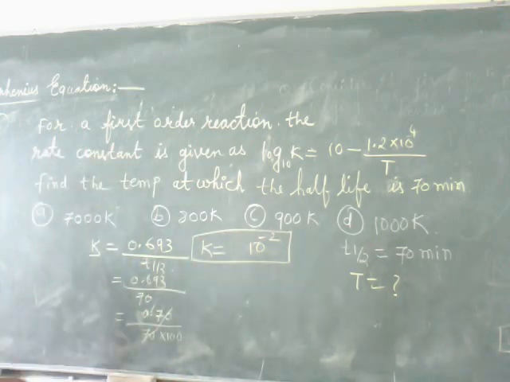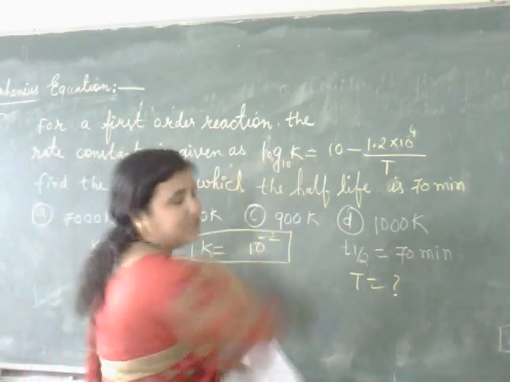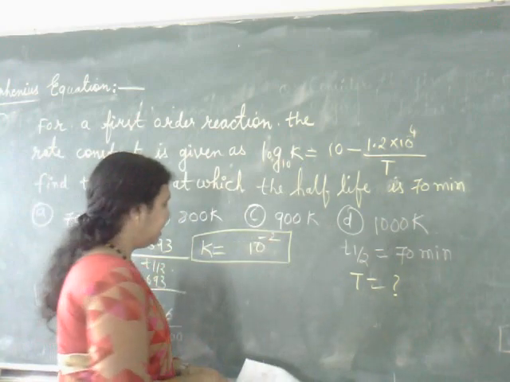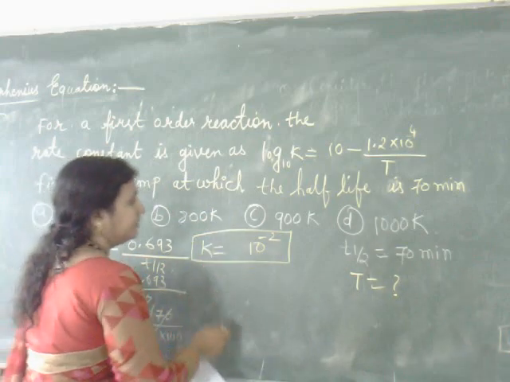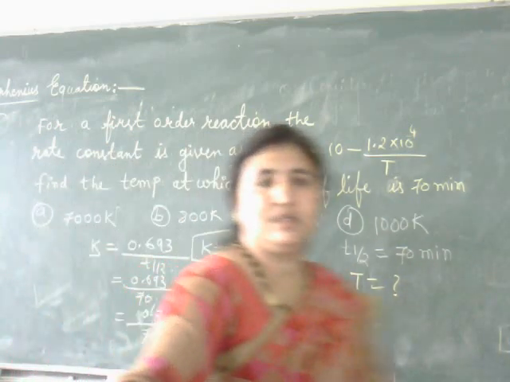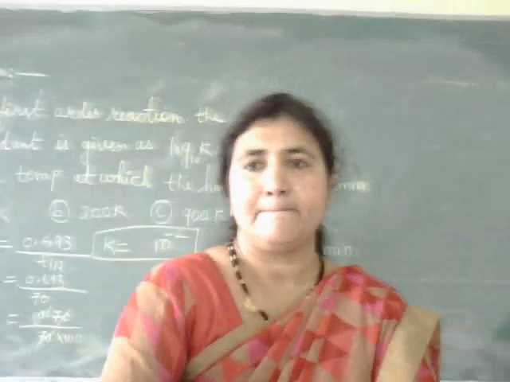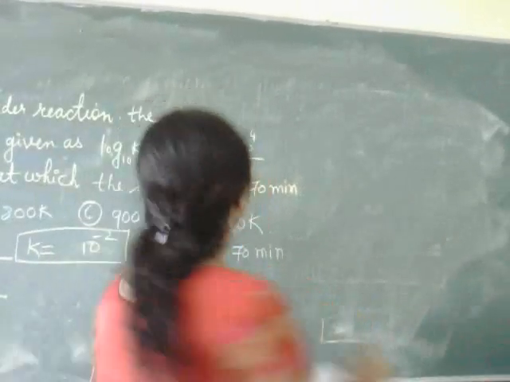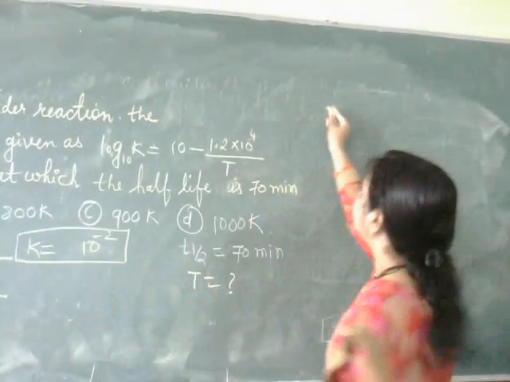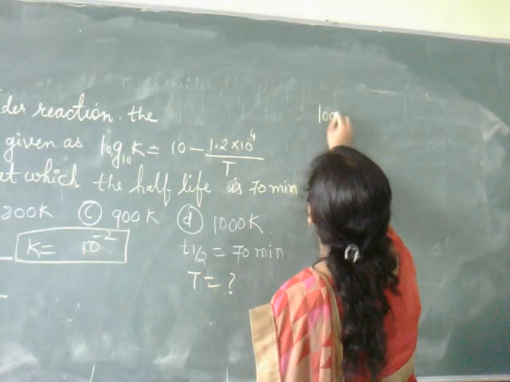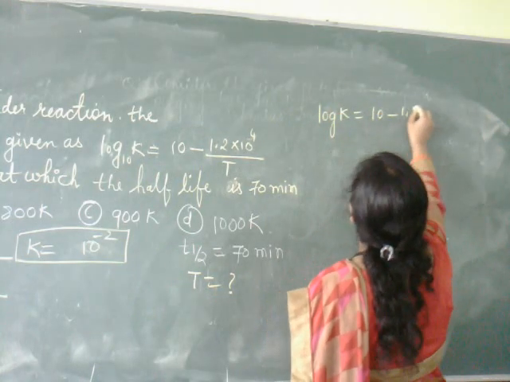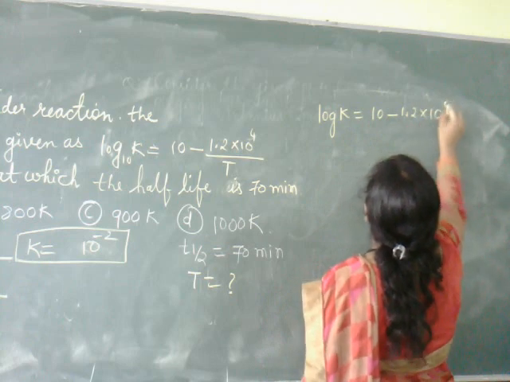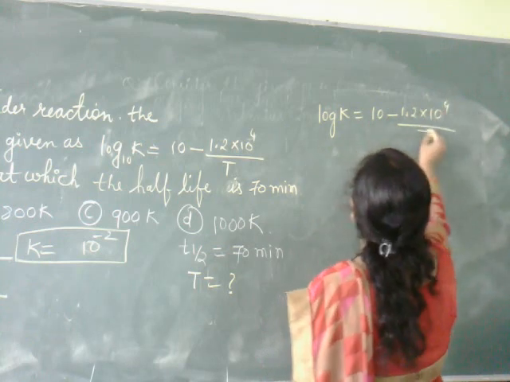Okay. This K value just put in this equation. So we have this formula, can you see? Log K is equal to 10 minus 1.2 into 10 raised to power 4 divided by T. T we have to find.